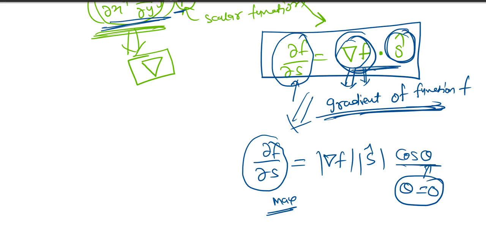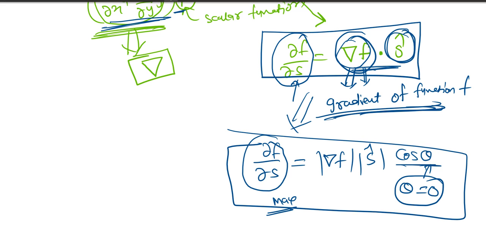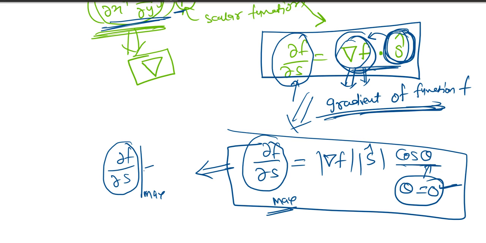So now we can conclude from this fact that s cap is the direction in which I am going, and if I go in the direction of delta f, that means theta is 0, then I will be getting delta f by delta s, which is the rate of change in the function value with respect to s, maximum.